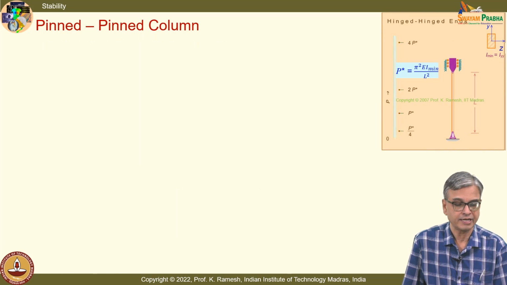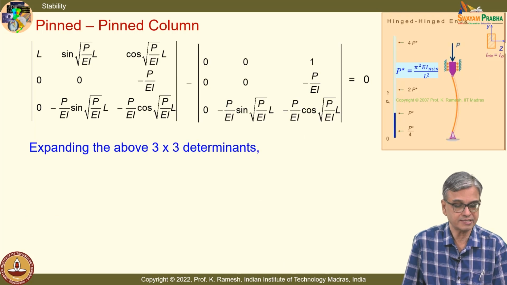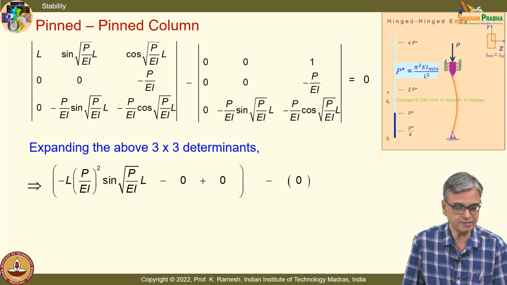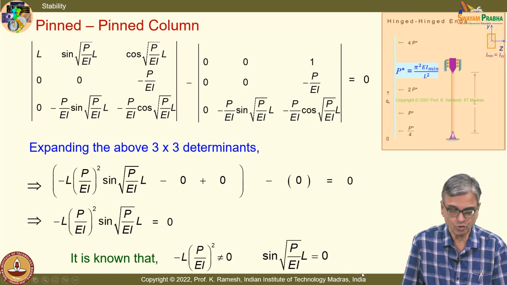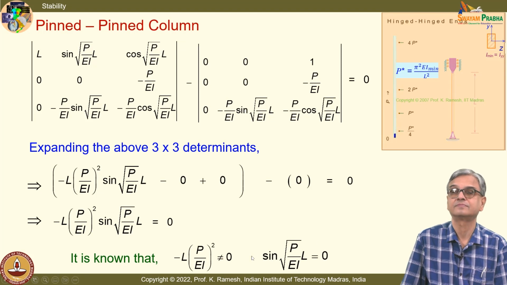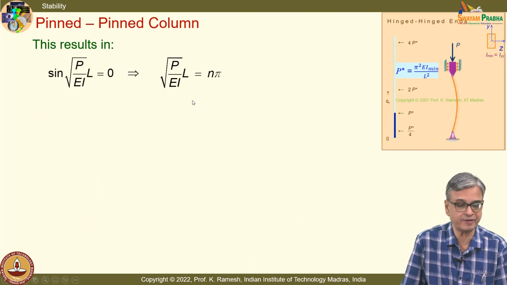Okay, and I have this. This gives me finally an expression like this, and this gives me sine root of P by L goes to 0. And once you investigate this, it will also be, all inverse functions are multivalued.